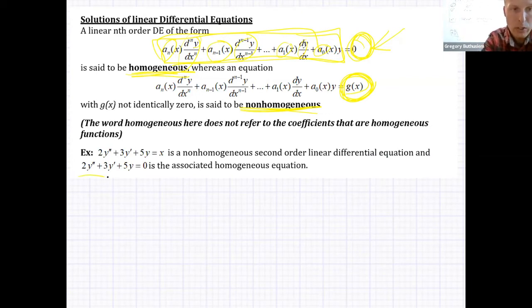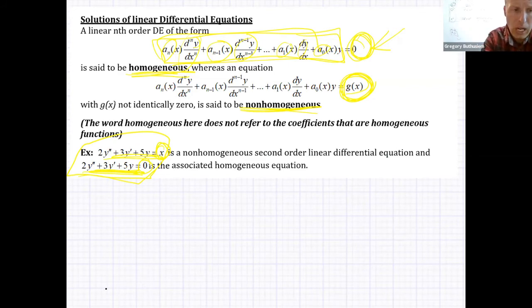So if you look at these two differential equations right here, the left-hand side on both of them looks exactly the same. The right-hand side, one of them has an x, the other one has a 0. So this is the homogeneous, this is the non-homogeneous, but they're related to each other. And so the idea here is we're going to actually need to solve both of them.